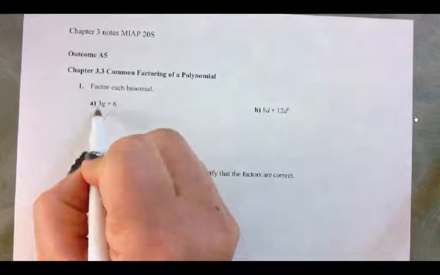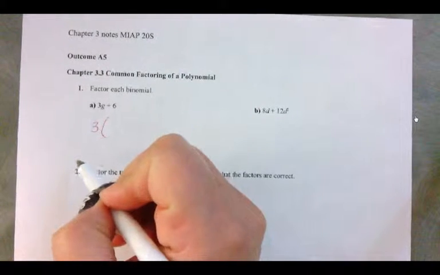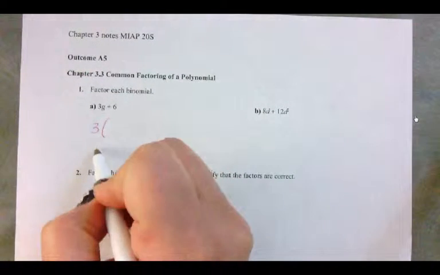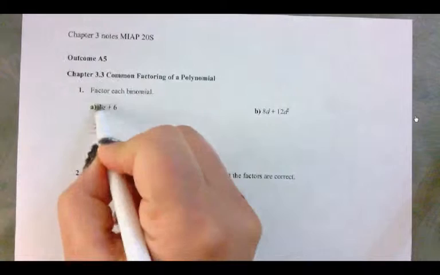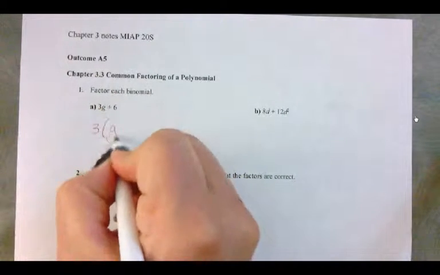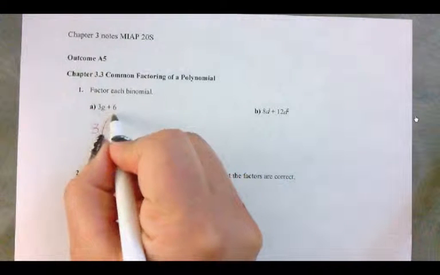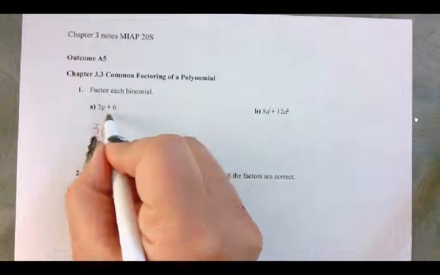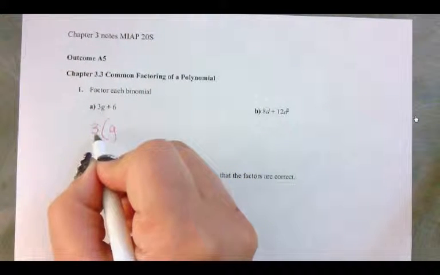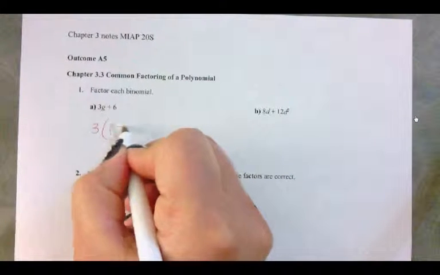So if I go 3g divided by 3, what's left from here? G. And then I'm going to do the same thing to the plus 6. So what's plus 6 divided by 3? Plus 2.